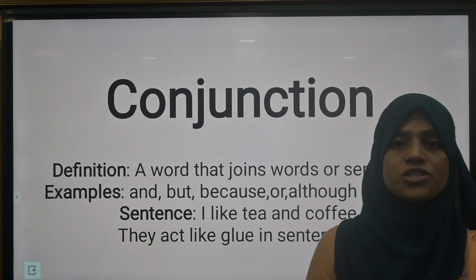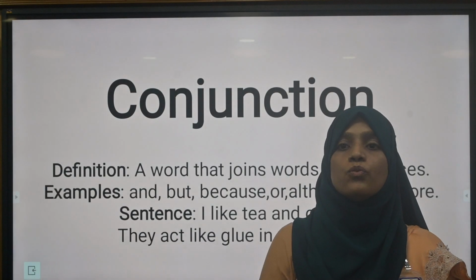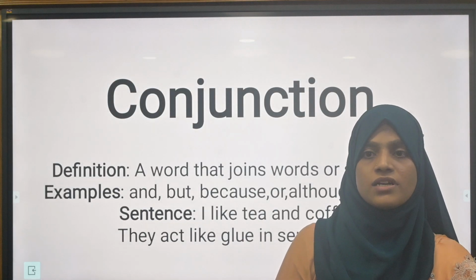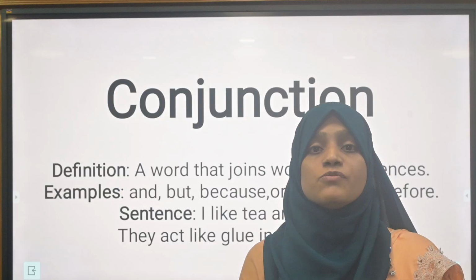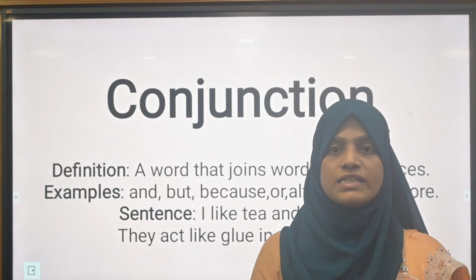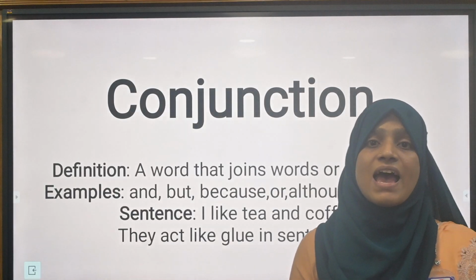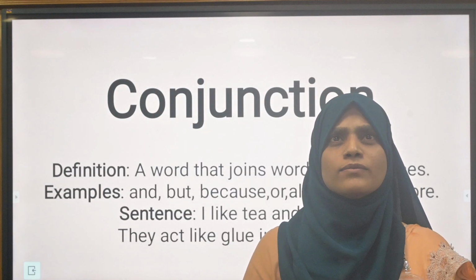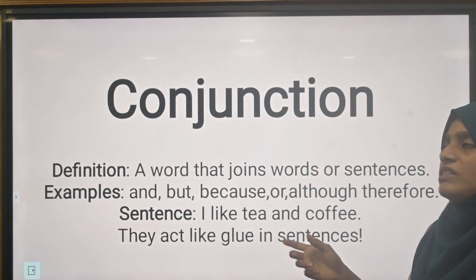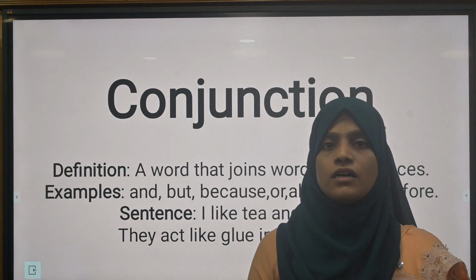Now we'll go to the conjunction. The conjunction is a word, similar to a preposition, but not exactly. A conjunction is a word which helps to join words and sentences, like and, because, but, although, therefore. So these are all conjunctions.